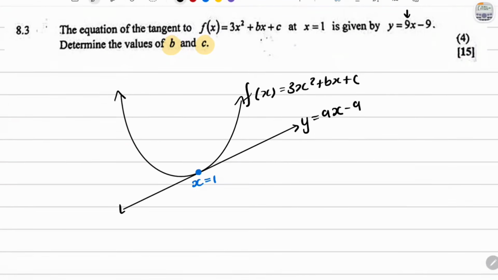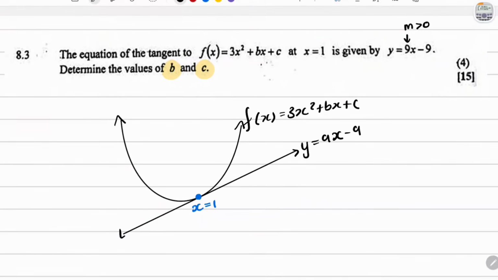The powerful thing they gave you here is telling you that this was a tangent to this parabola. I want you to understand that the parabola, at different points, has different gradients. But the thing about a tangent is that it is a straight line. And so its gradient is constant. It doesn't change like a parabola. So because its gradient is constant, we already know the gradient of the tangent, it's 9.